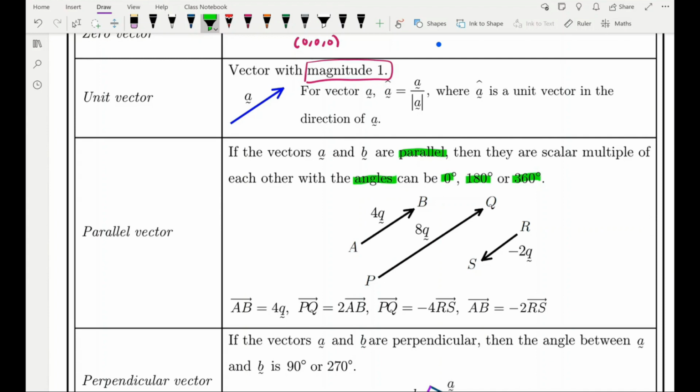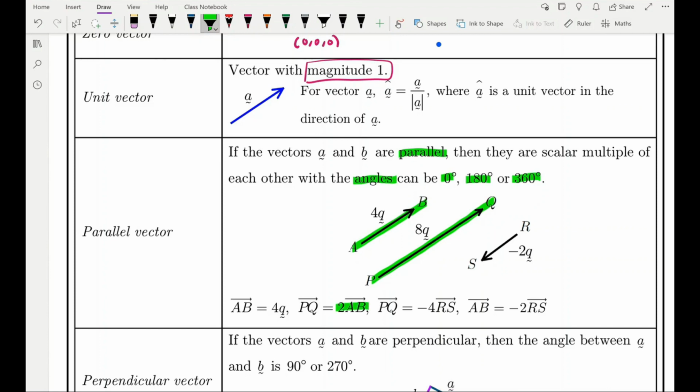Look at vector AB, for example AB is 4Q. And then we compare with PQ. The direction is the same, but for the magnitude, PQ is 2 times vector AB.